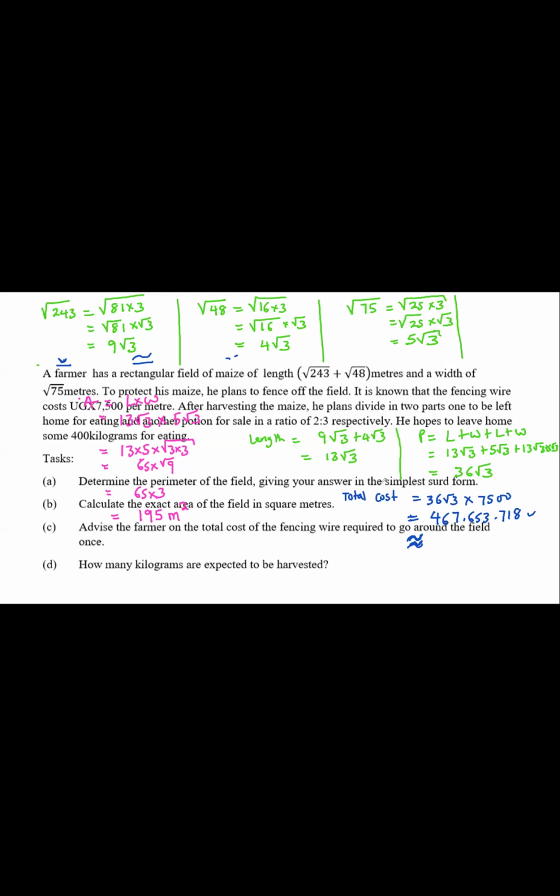In this question, advise the farmer on the total cost of fencing wire required to go around the field, maybe in case there was anything involving mobile money, where he would send the total cost via mobile money to the person to purchase something like this. Now, this amount you are seeing here is very possible via mobile money.